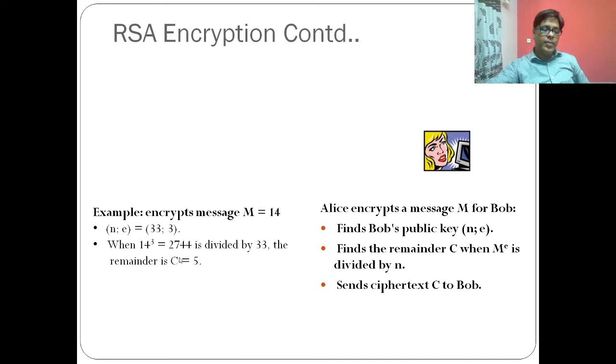So the encrypted message she'll be sending to Bob is C equal to 5.